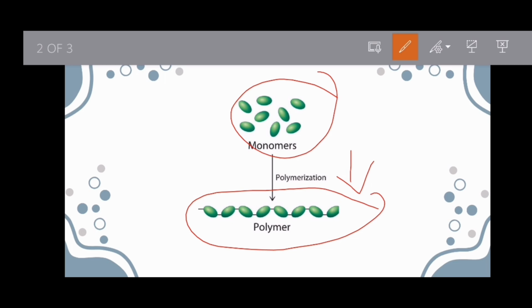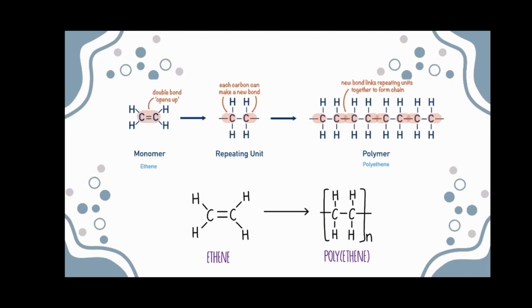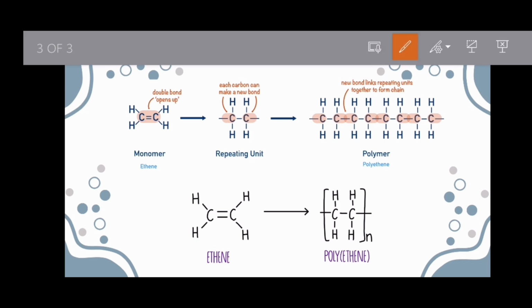Think of it like stacking Lego blocks to build something big. In the case of alkenes, the double bond in their structure is what makes this possible. During the polymerization, first the double bond breaks in each alkene molecule. Then the molecules join together like a chain, one after another.